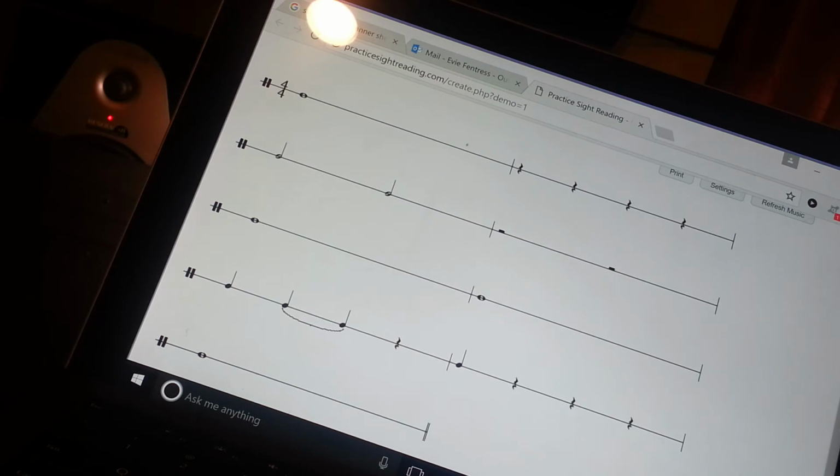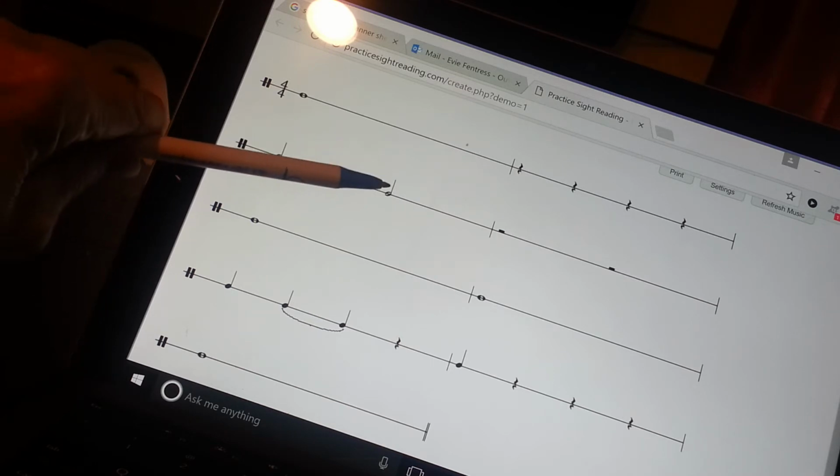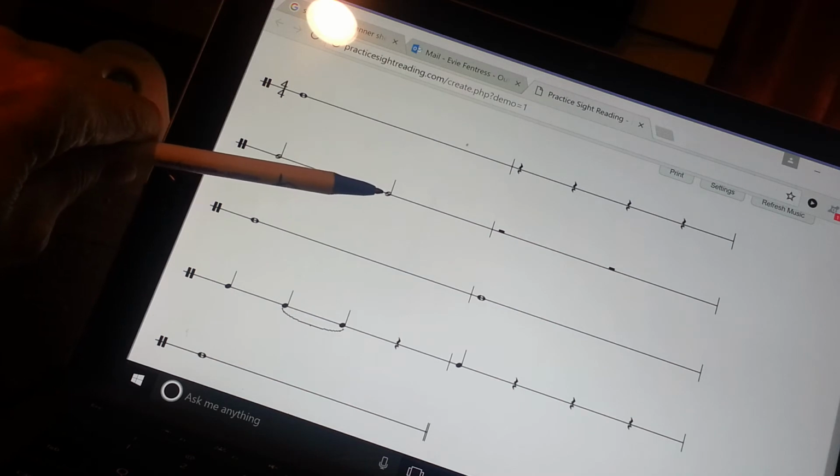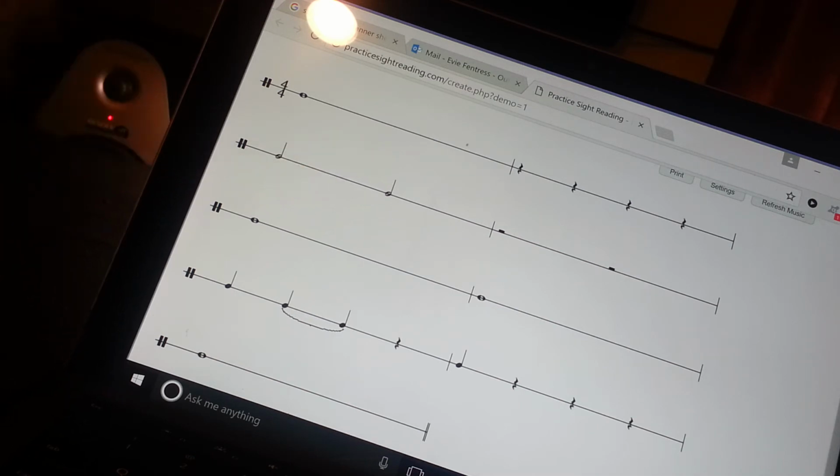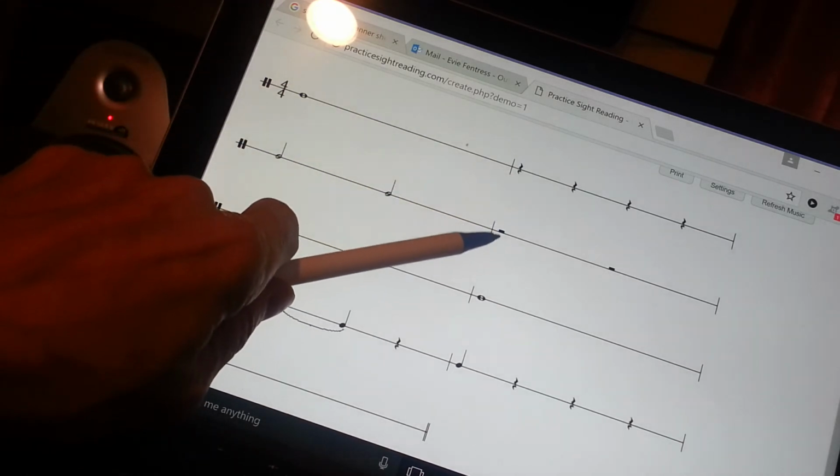The next measure has what kind of notes? The half note. The half note is an open head with a stem. So this half note gets half of the measure, 2 beats, and this gets the other 2 beats. Well, we need some silence occasionally, so look at what we have in the next measure.